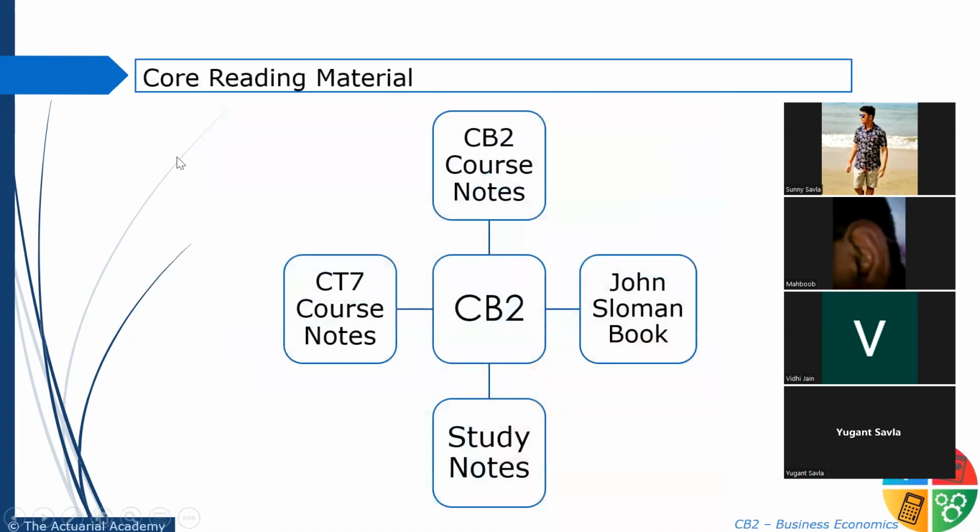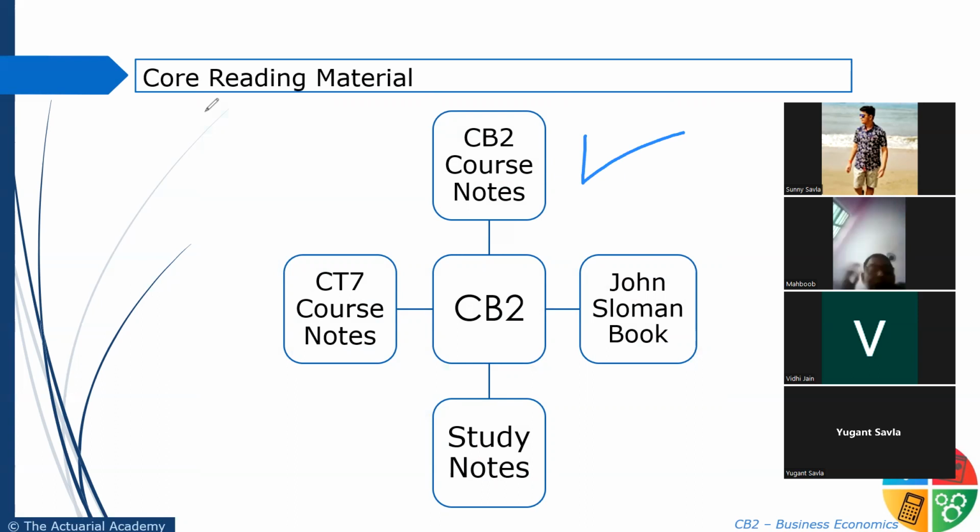I'll move on to what the CB2 structure is and what we would have to study for this April attempt. Like all the levels, there is specified core reading material, what we call the course notes. CB2 has the Acted course notes for sure. But one issue with the CB2 course notes is that they do not contain enough theory or material that we can read.